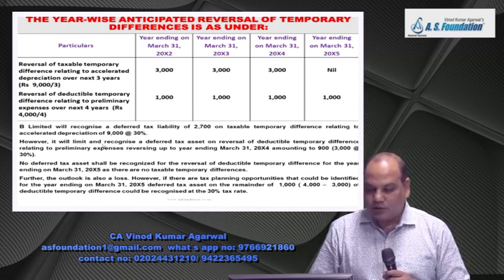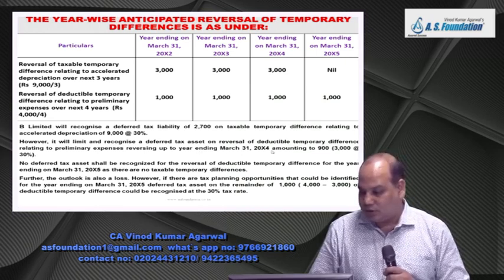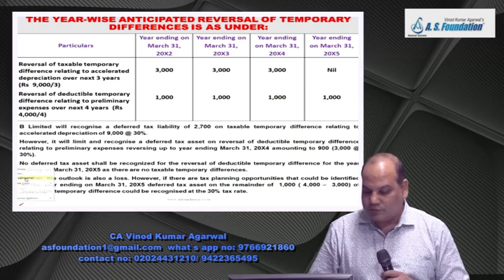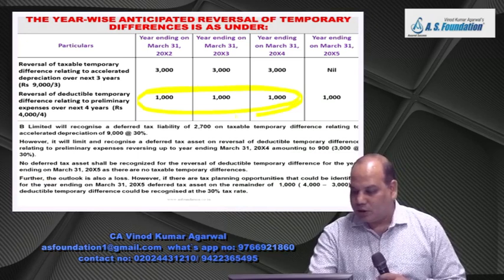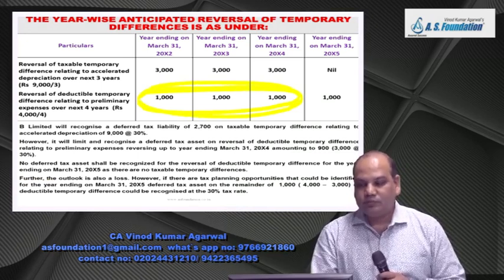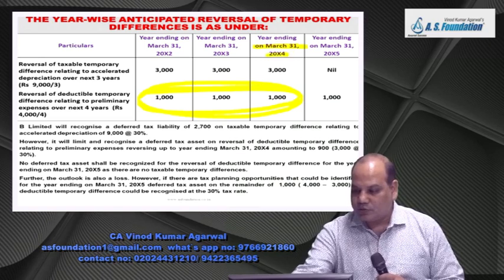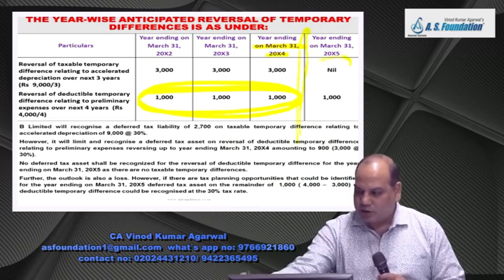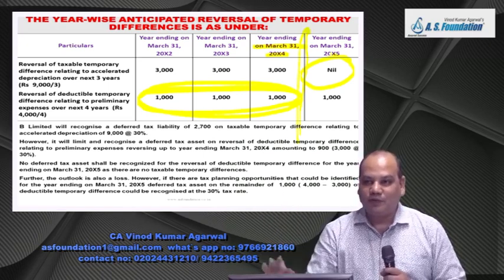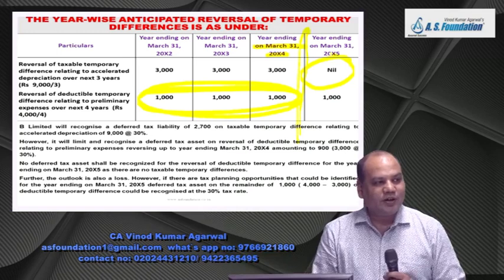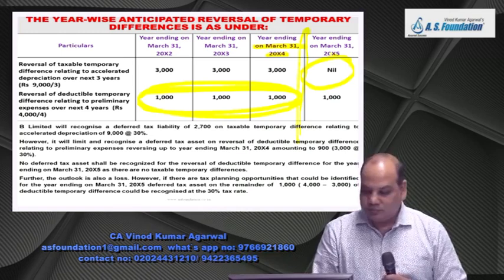However, it will limit and recognize a DTA on reversal of DTD relating to preliminary expenses reversing up to the year ending 31st March 2004. So they are saying you will only create DTA on these 3 items which will reverse up to 31st March 2004, because after that date we don't have any TTD, we don't have any future profit. So there is no point in creating DTA.